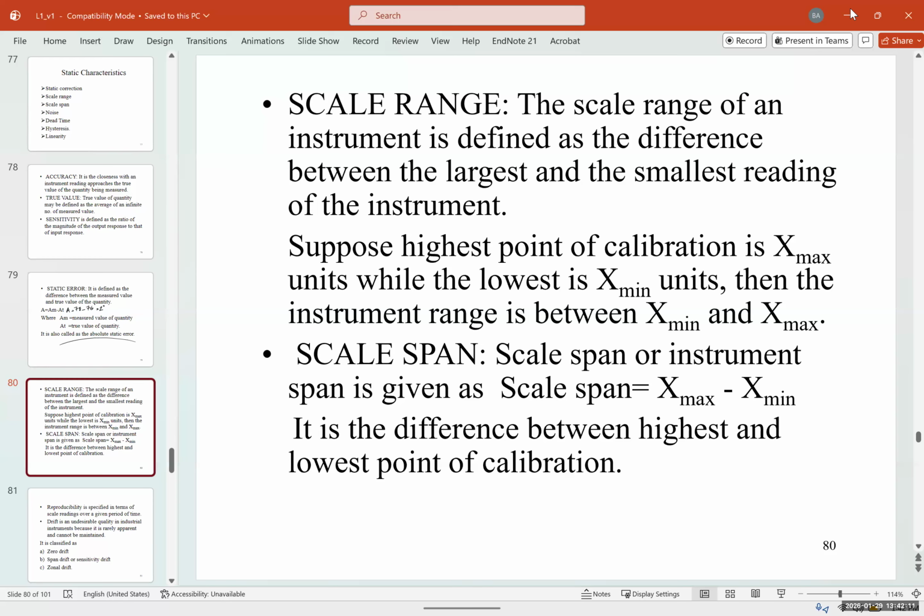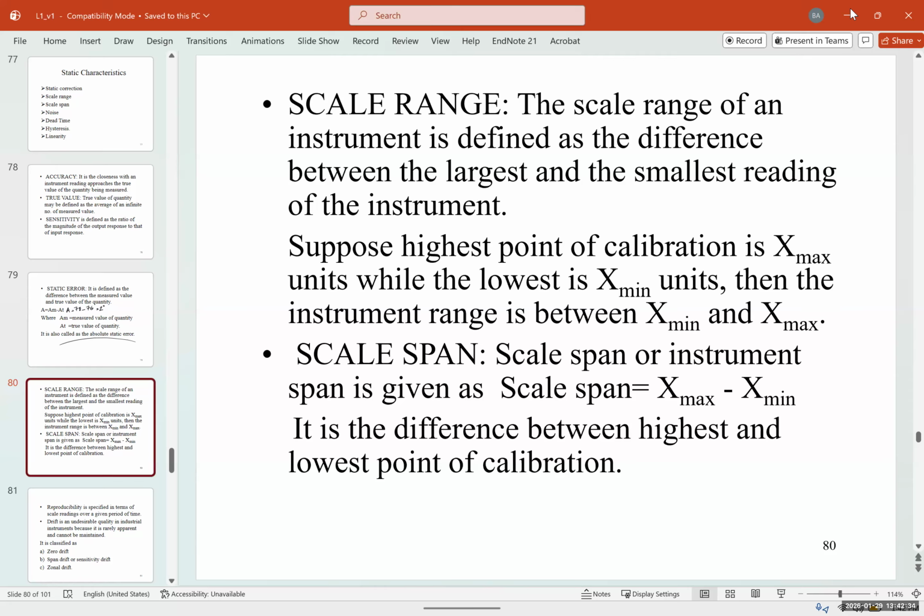Now, another characteristic is called the scale range. The scale range of an instrument is defined as the difference between the largest and the smallest reading of the instrument. So if you have a voltmeter that can measure between 5 volts and 200 volts, the scale is going to be between 5 and 200. In other words, 200 minus 5, it's going to be 195.